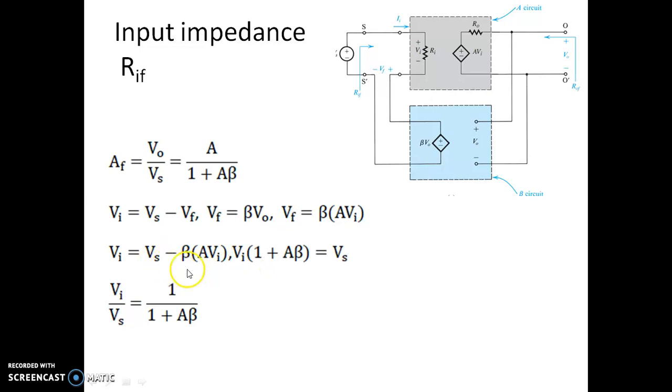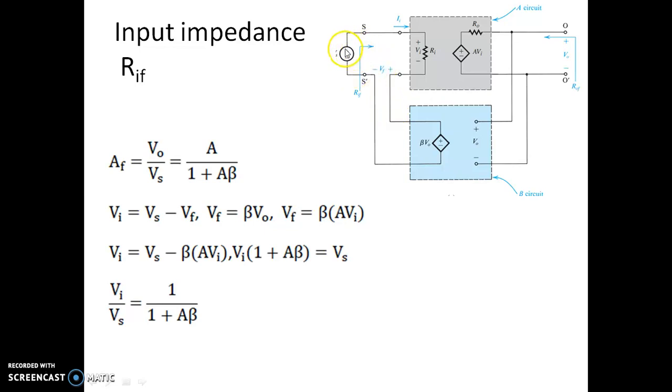Now I can write the expression for Vs as Vs is equal to Vi times 1 plus A beta, or ultimately Vi by Vs is equal to 1 over 1 plus A beta. So this is the relationship between the input voltage and the source voltage, just before the feedback network.